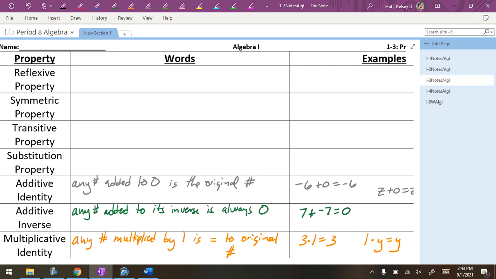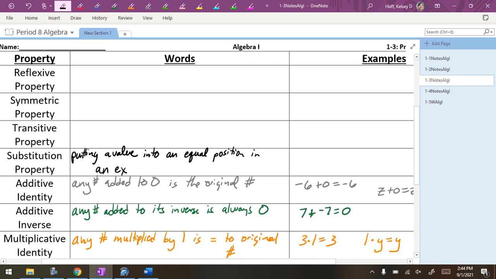Okay? So the substitution property states putting a value into an equal position in an expression. And I'll give you an example here.